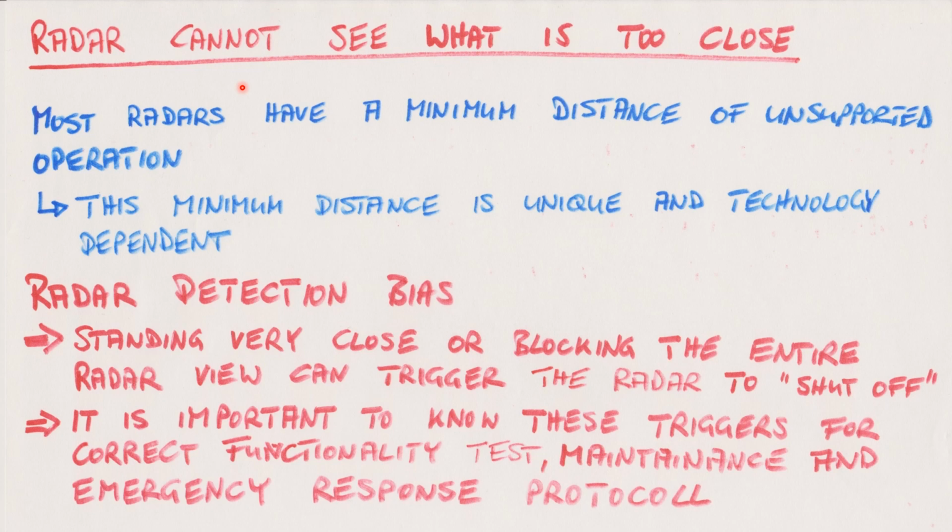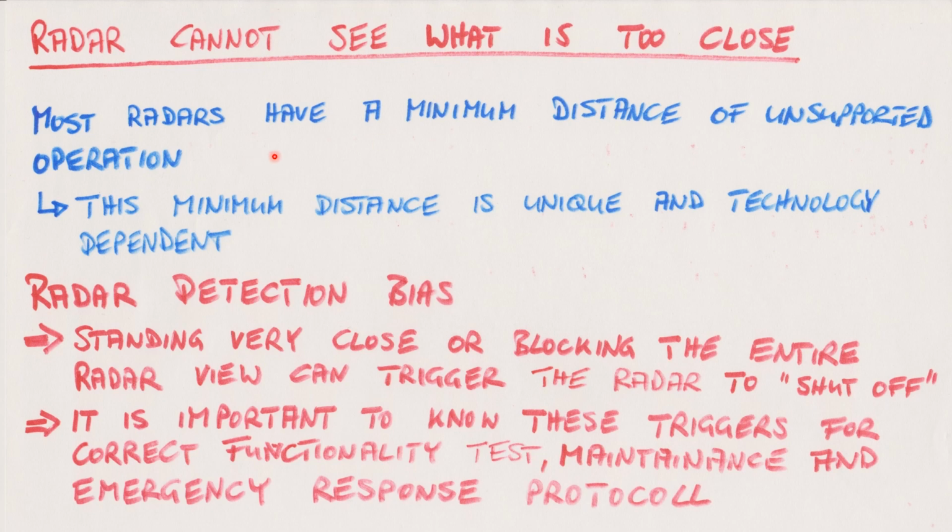Another topic that we need to cover to complete the basics is that a radar can basically not see what is very, very close to it. You can compare it with someone holding a hand in front of your eyes. At some point you would not know if your eyesight has stopped working or if you're just blocked by a third party. The same happens with radars.